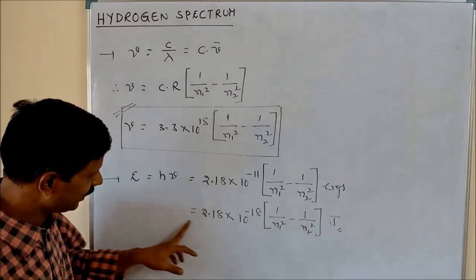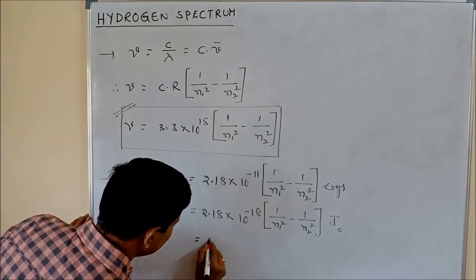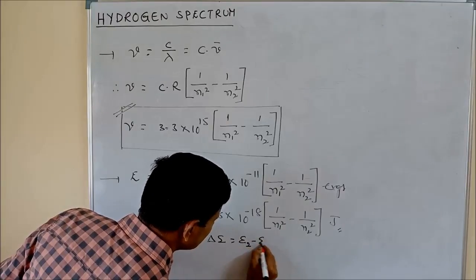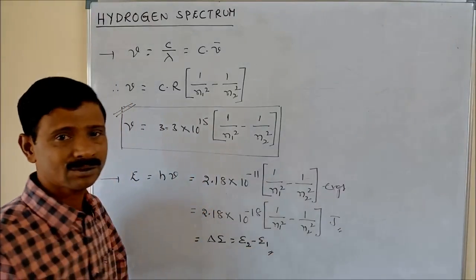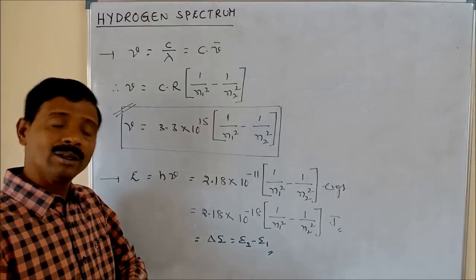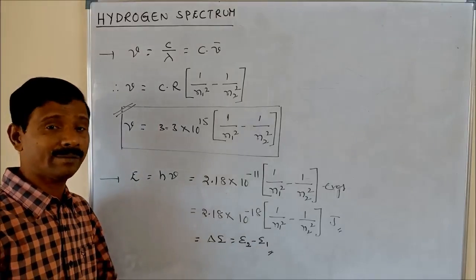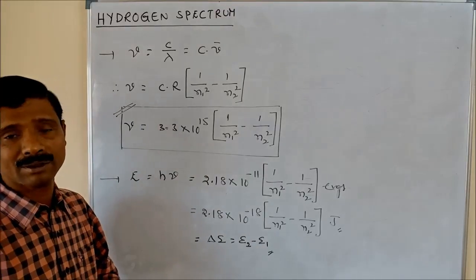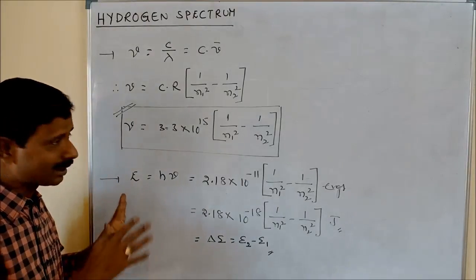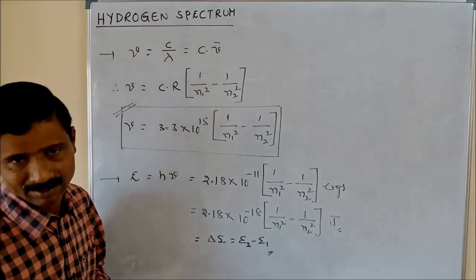So whatever energy we are calculating here is nothing but delta E, that is, E2 minus E1. Sometimes you have to find out the energy difference. Even though we have different formulas for that, with the help of the Balmer equation also we can find out the energy difference between the two orbits. So this is another extension of the Balmer equation.